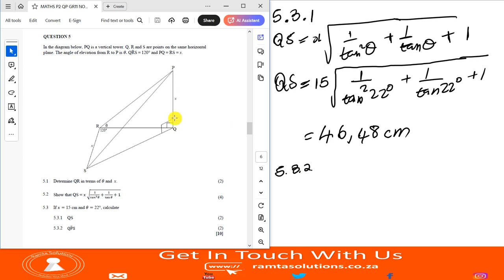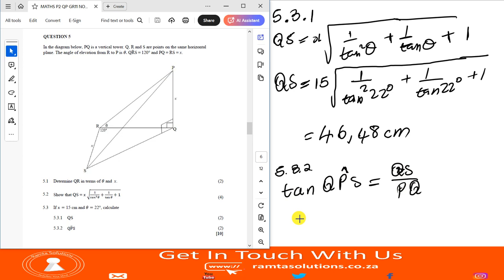So for angle QPS we must use tan. Tan of angle QPS equals opposite over adjacent. What is opposite angle QPS? It's QS. And what is adjacent? It's PQ.